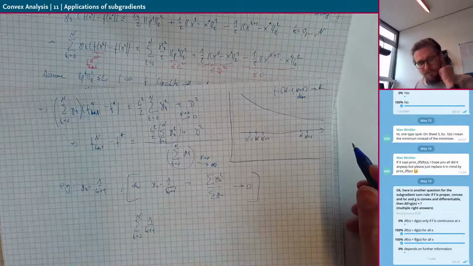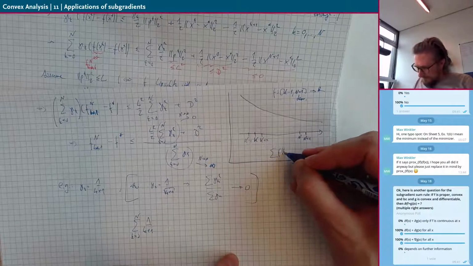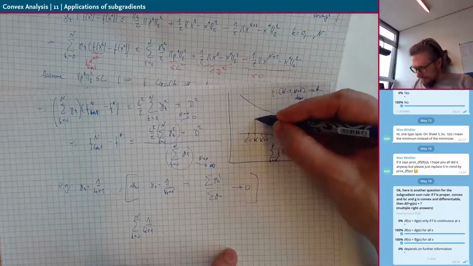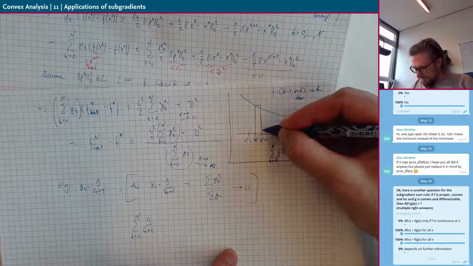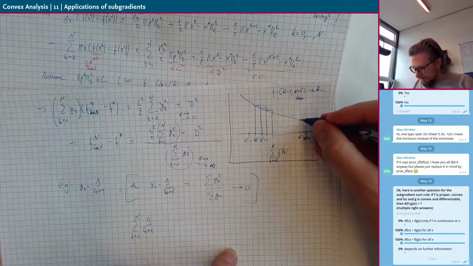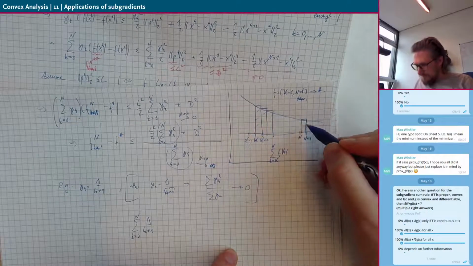So then the sum of the f k's from capital K to capital N, you can kind of picture it graphically like this. So that is the sum here.